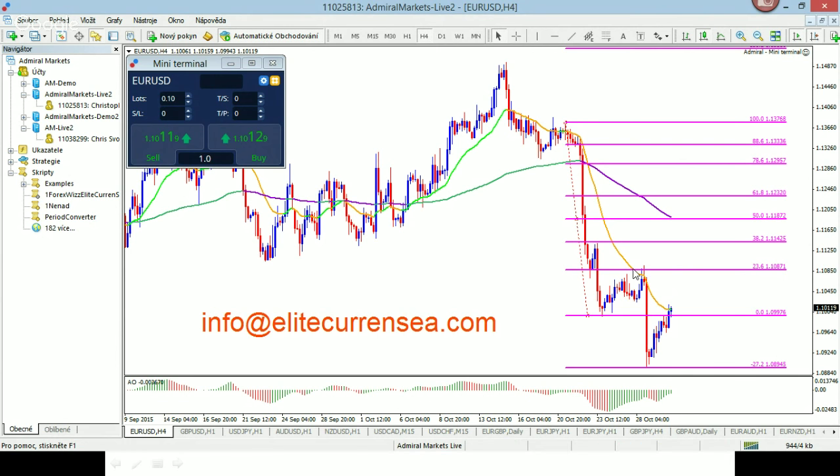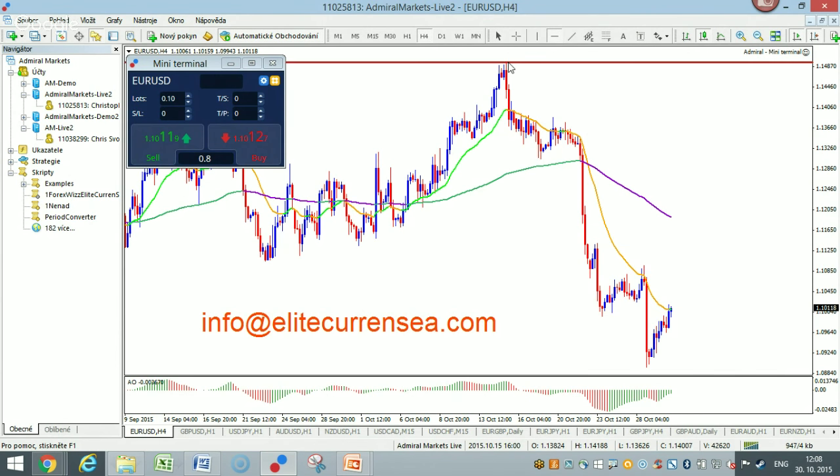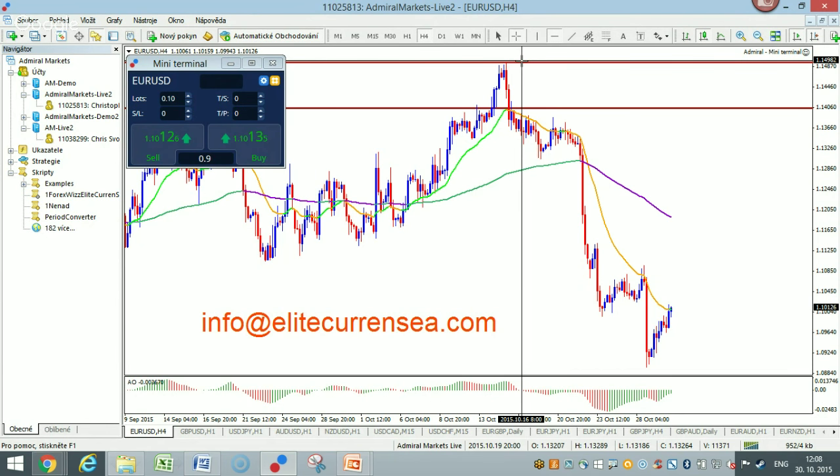Let's draw a horizontal line at the top, and let me measure down from there. The horizontal is 114.95. So 55 pips from it, we go down to 114.40.